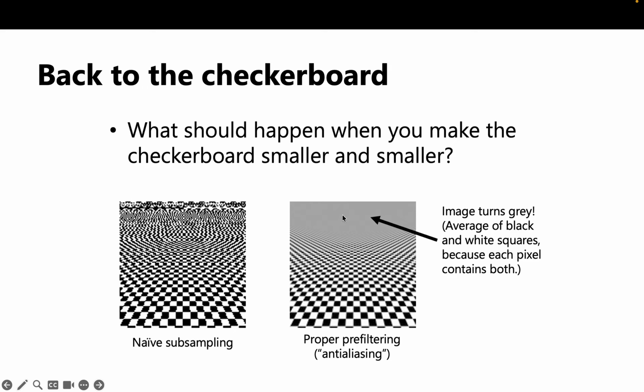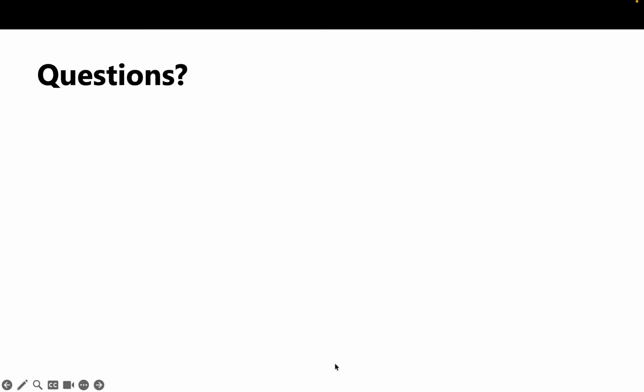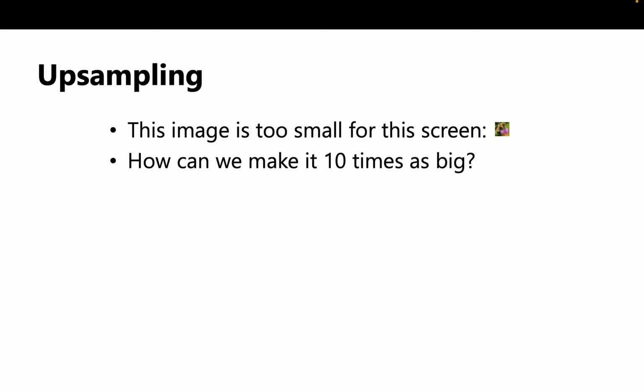You can see the area where the boxes are very, very small will turn to gray, because it is trying to average the black and white squares, and each pixel actually contains both. So this is a way to reduce the aliasing effect, or what we call anti-aliasing.